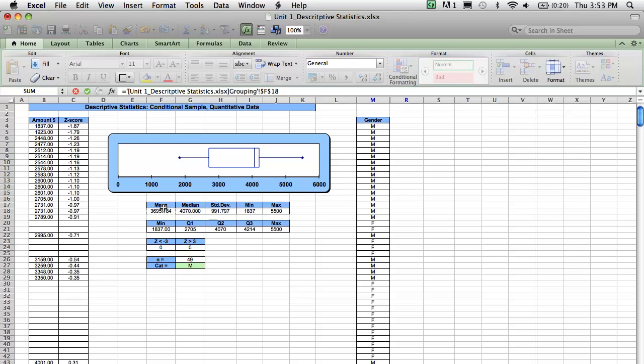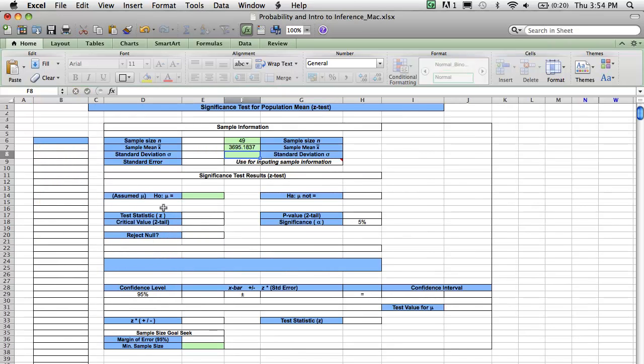Once we hit enter, the sample mean will appear in the right place. We could also just make a note of the sample mean and type that in manually. Either way is fine. The assumed value for sigma, $1,000.